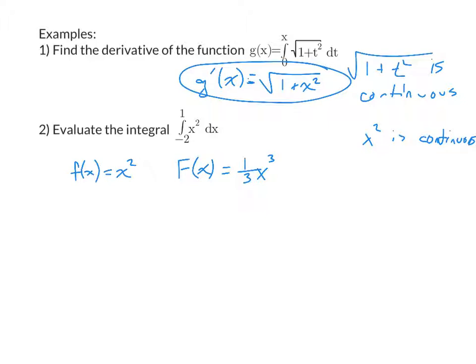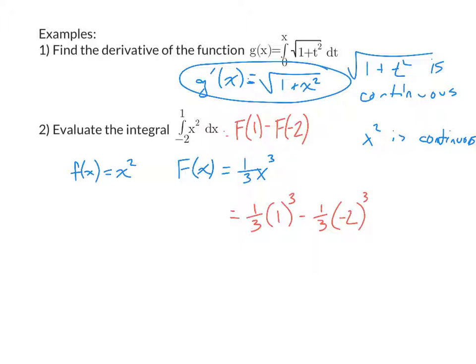The evaluation of this is going to be big F of 1 minus big F of -2. We plug these numbers in. Big F of 1 is 1/3 times 1 to the third, minus 1/3 times -2 to the third.